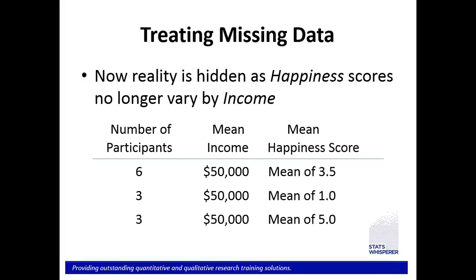So effectively what we've done by imputing the mean, or by substituting the means, is we've made it look like happiness is the same for people with middle, low, and high incomes, because we couldn't identify those groups. So now it just looks like everybody is just as happy as everybody else, regardless of their income level.